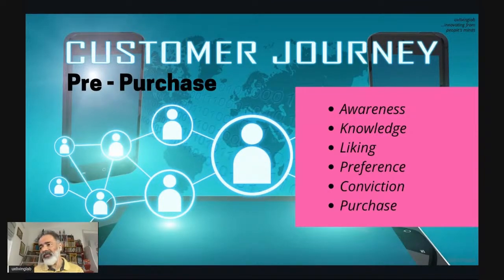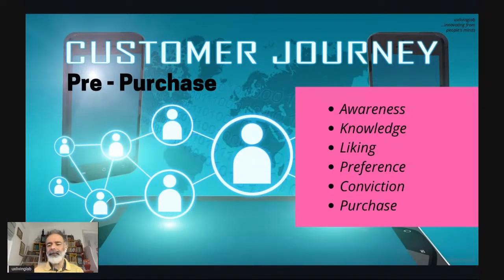Then conviction. Conviction is the reassurance, where the customer confirms in different ways that his decision is correct, that he took the right decision. He will check with his friends, or others' experience, whether his decision is right or wrong. Only if the decision is right will he go for purchase.